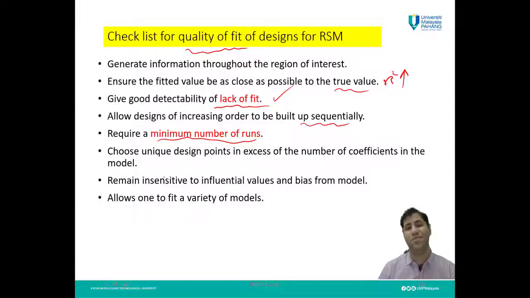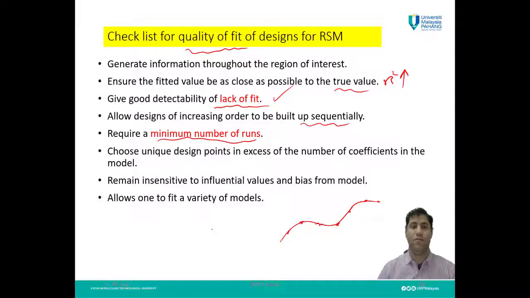Sometimes if you increase the number of runs, for sure your model will be more accurate, because as I told you, we have a line here. If we have more points on this line, we can predict this curvature more specifically, and the model will be more accurate. But you need to also consider that for each one of these points you need to run your whole experiment again.